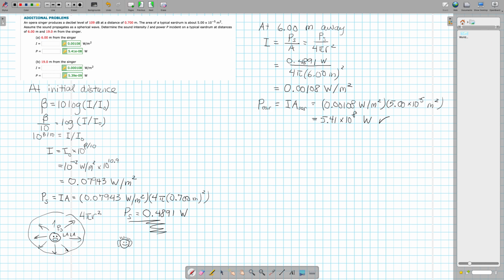You can calculate the intensity at any distance from the source by dividing the power by the surface area of that sphere. And then once you know the intensity, you can calculate how much power reaches a certain amount of area. And in this case, the area we're interested in is the area of the eardrum. That's the power that hits the listener's ear.